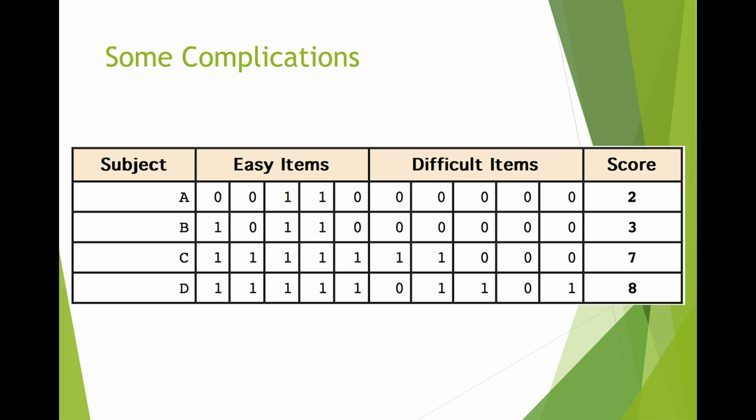So let's compare the difference between subject A's score of 2 and subject B's score of 3 with the difference between subject C's score of 7 and subject D's score of 8. The former difference is a difference of 1 easy item. The latter difference is a difference of 1 difficult item. Do these two differences signify the same difference in memory performance?